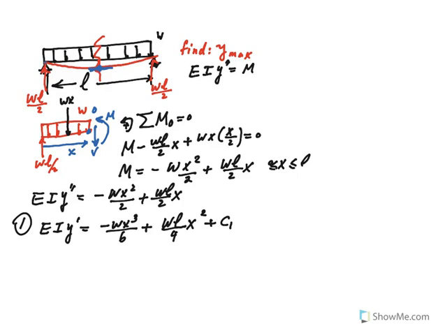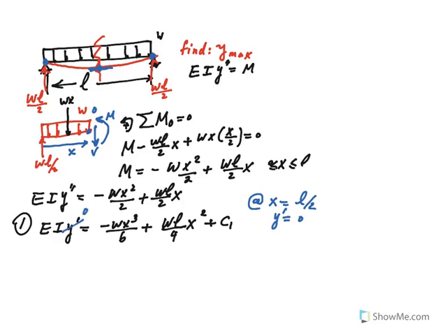But the two other obvious boundary conditions are at x equals 0 and at x equals L, deflection should be equal to 0. But let me actually use this boundary condition, which is at x equals L/2, slope must be equal to 0.